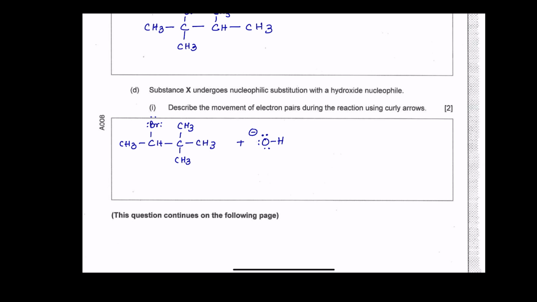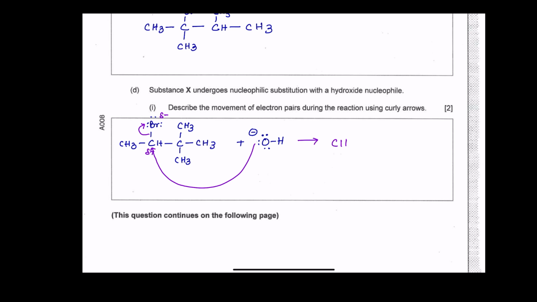Now what happens is this bromine is more electronegative than carbon. So bromine will have a delta negative charge and carbon will have a delta positive charge. Now OH, which is the nucleophile, will attack the positive center and the carbon-bromine bond will break. The lone pair from oxygen will form a bond with this carbon, and the bond between carbon and bromine will break, and bromine will take both the electrons with itself.